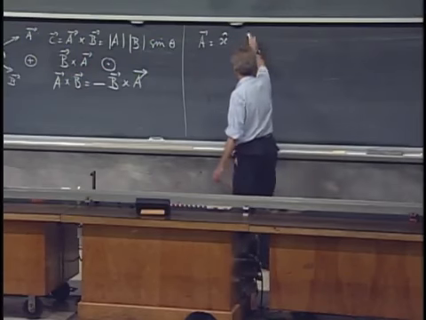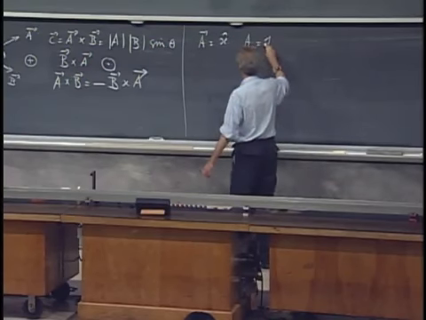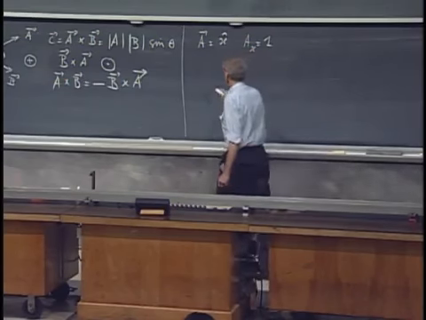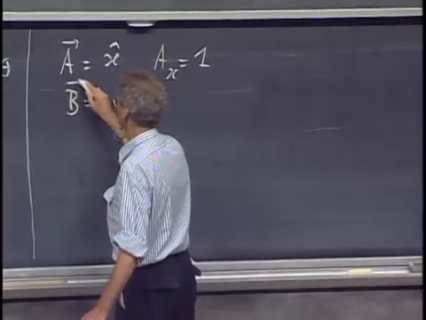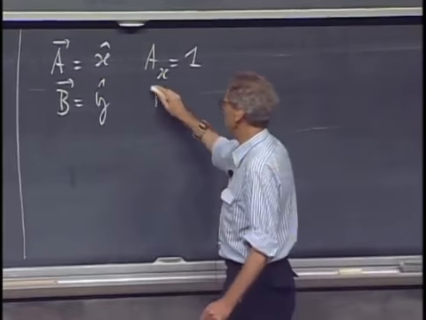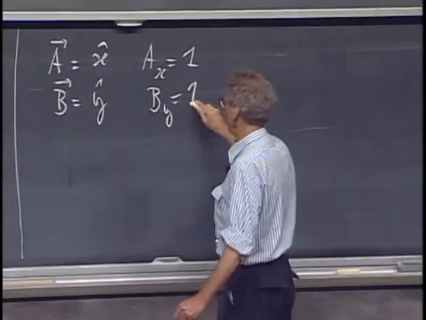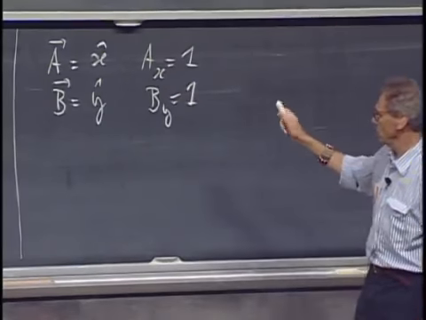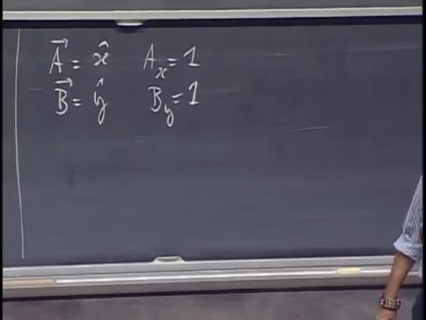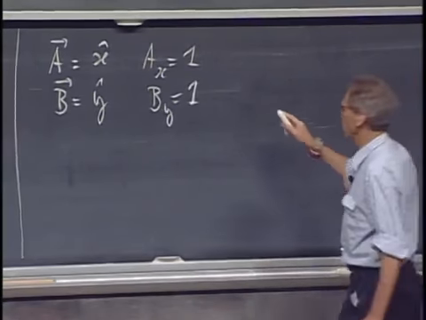That means A of x is 1, and A of y is 0, and A of z is 0. And suppose B is y roof. That means B of y is 1, and B of x is 0, and B of z is 0. What now is the cross product A cross B?